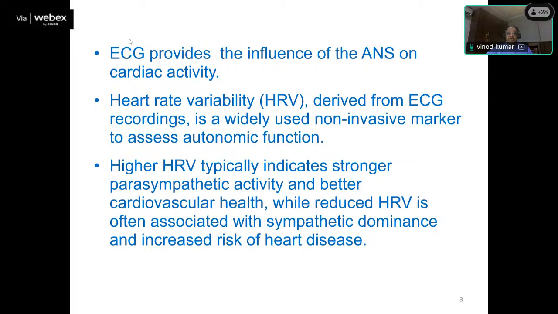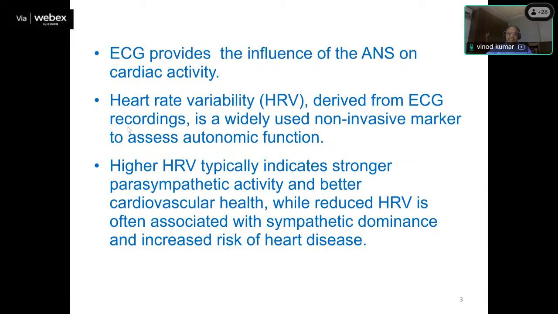Cardiac activity. So ECG gives us an idea how the ANS, that is the autonomic nervous system, is affecting our cardiac activity. How it is affecting the cardiac activity can be studied by studying the ECG.